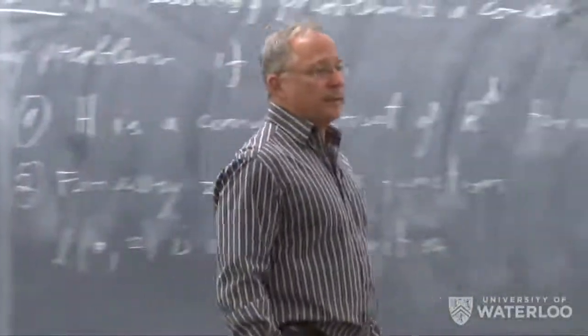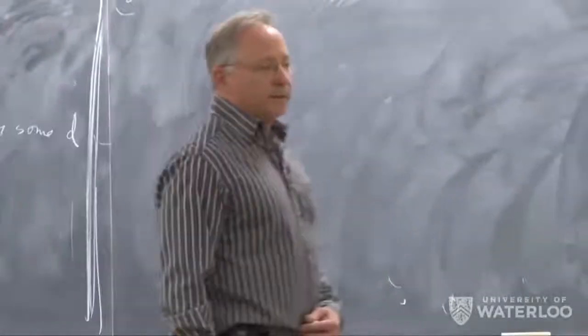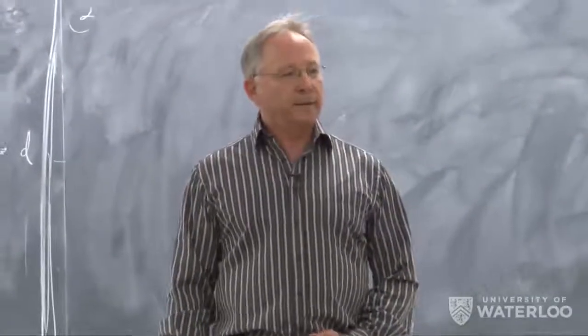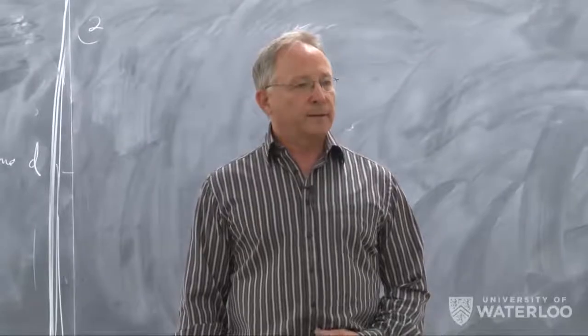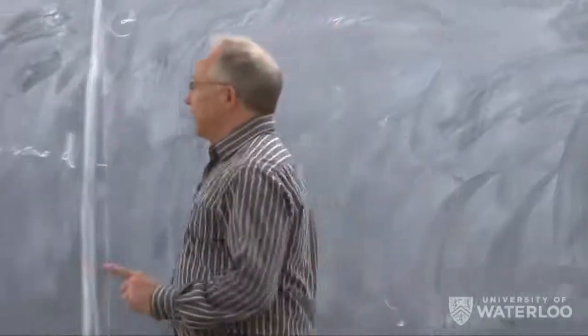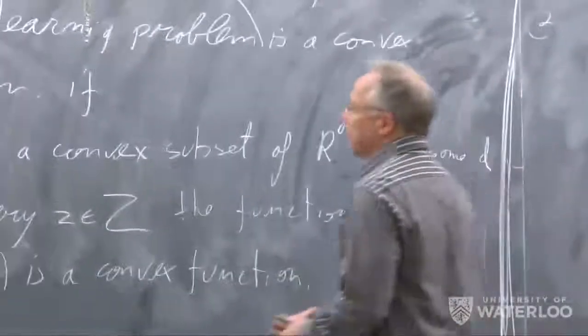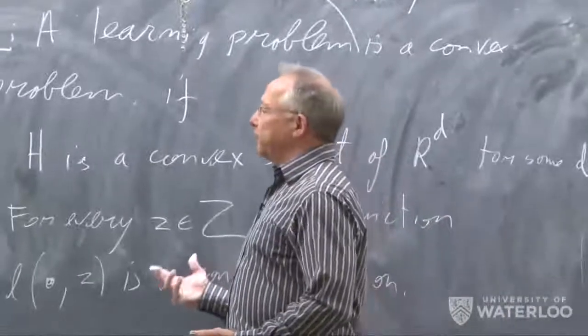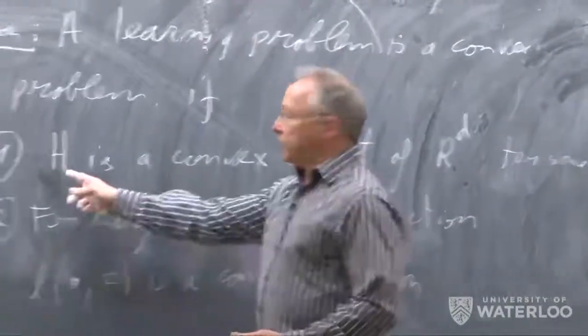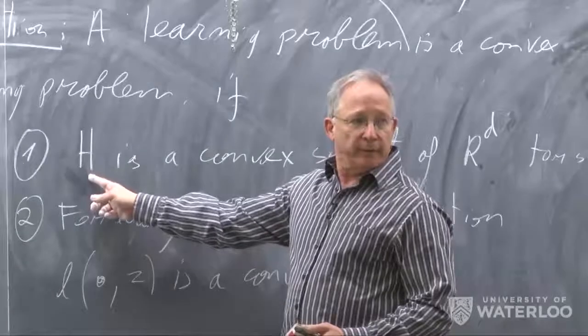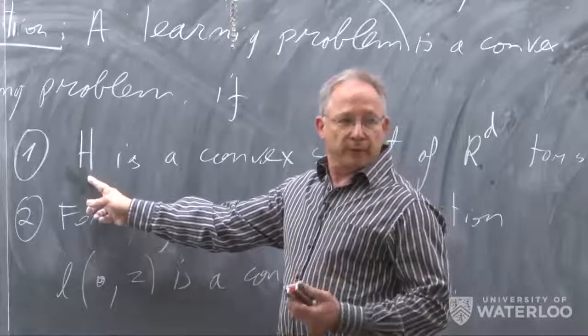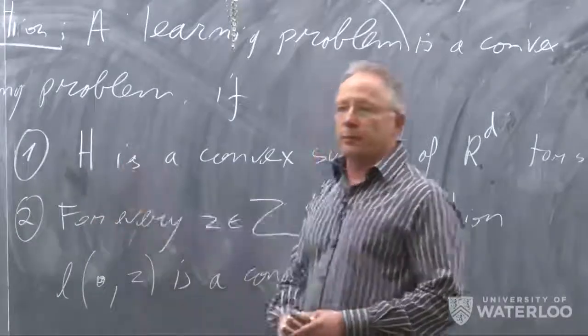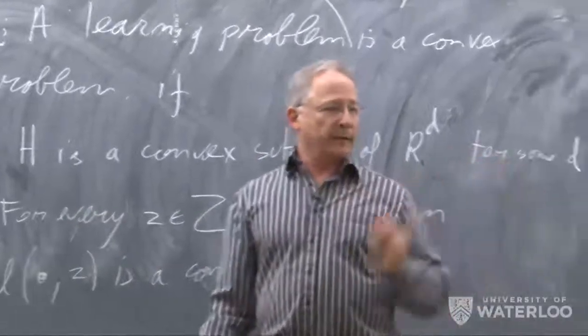This might be a silly question, but for H to be a convex subset of R^d, does that mean every element in H is a convex function? No. This is a good question because it points to some potential confusion. H, for me, is a subset of R^d. So it's not a set of functions. Before, we talked about H's which were functions from X to 0, 1.